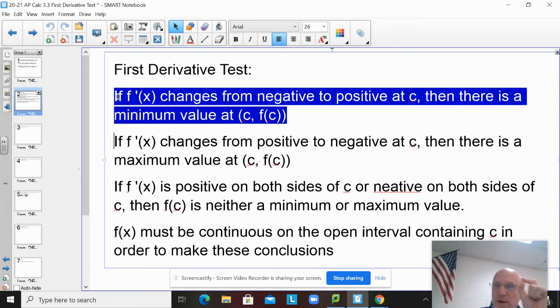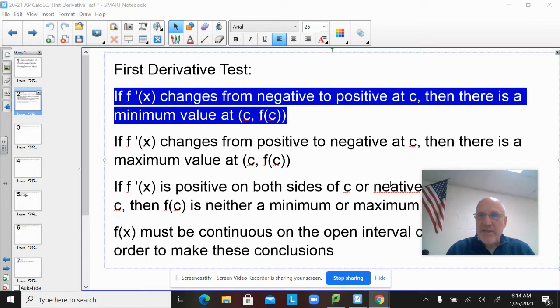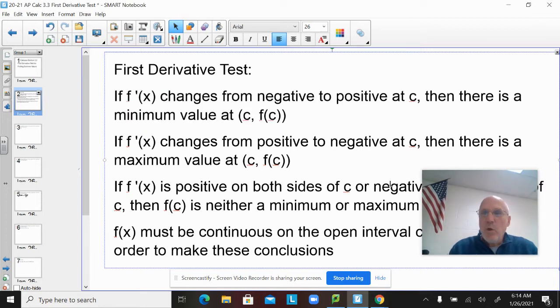Let me remind you what I need you to know that means. It says if the derivative changes from negative to positive, it has to become clear that if the derivative is negative, that means the function is decreasing. And if the derivative is positive, that means the function is increasing. Which means that this first sentence, which says if f prime of x changes from negative to positive, that's the same thing as saying if the function changes from decreasing to increasing.